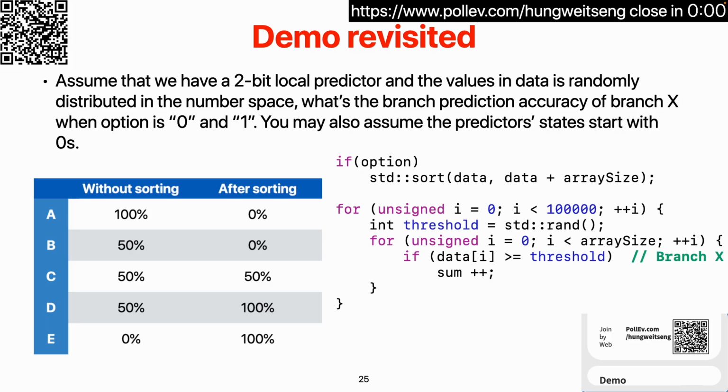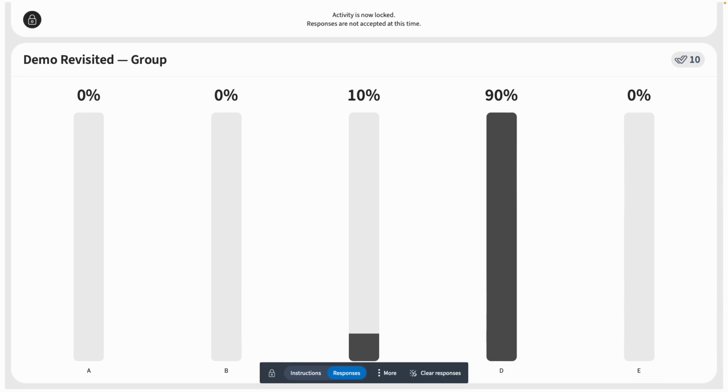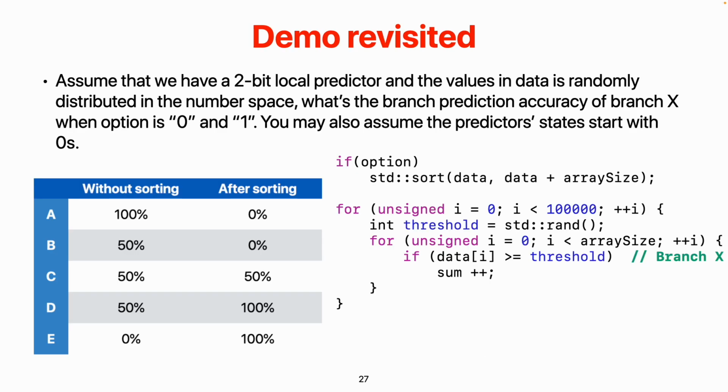All right, so let's take a look. What do you see after discussion? More of you think the answer is D. So how did you think about this problem? Why do most of you now agree it's D?